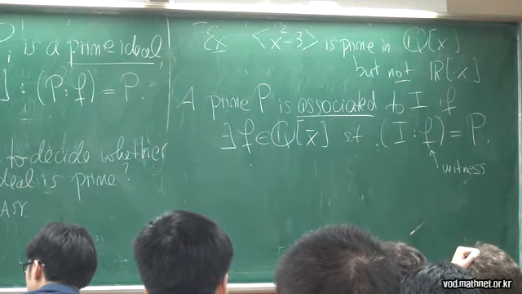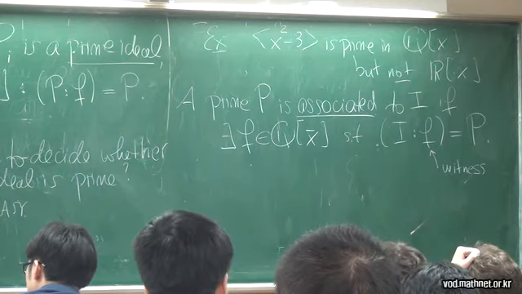Proposition 5.1. For any ideal in a polynomial ring, the set of associated primes is a non-empty and finite set. Okay? It's a non-empty finite set.